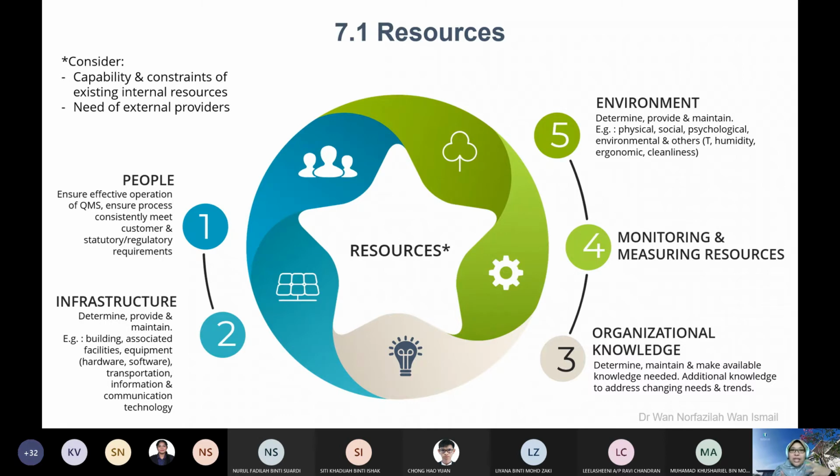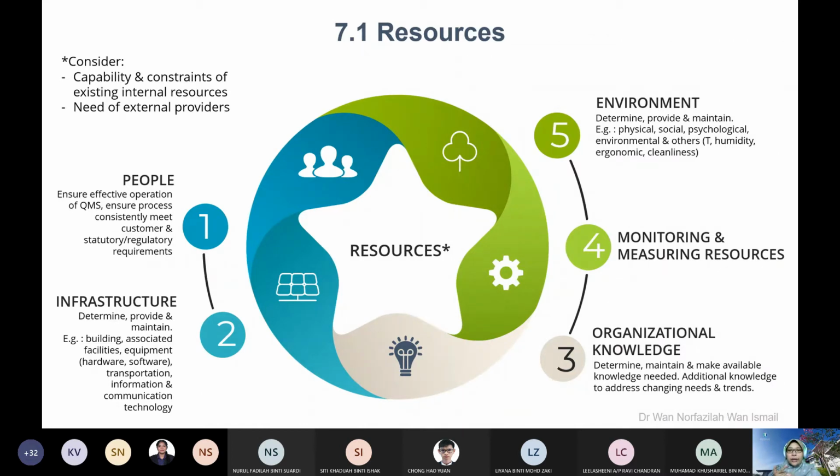Yang saya sebut person in charge tu people lah. Second one is infrastructure, including equipment, transportation, building, equipment not only hardware, software pun equipment, communication technology, those are infrastructure.